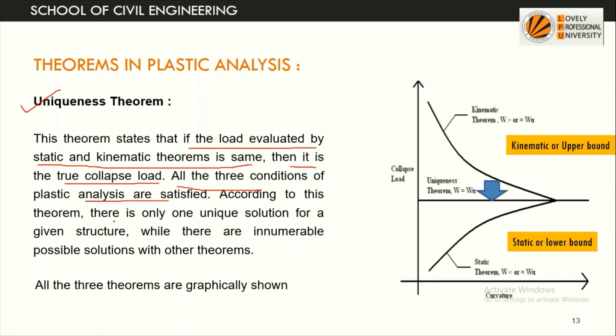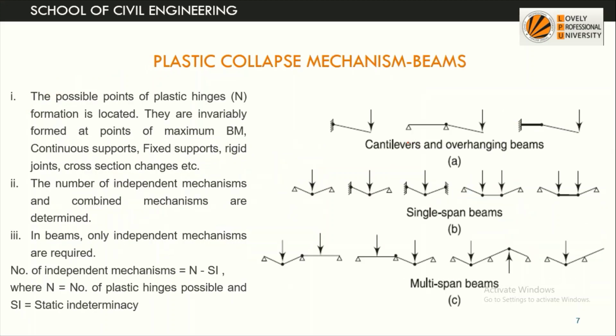According to this theorem, there is only one unique solution for a given structure, while there are innumerable possible solutions with the other theorems. So in the case when W is equal to the collapse or critical load, we'll get this line as the unique value for plastic analysis, that is, W is equal to WC.